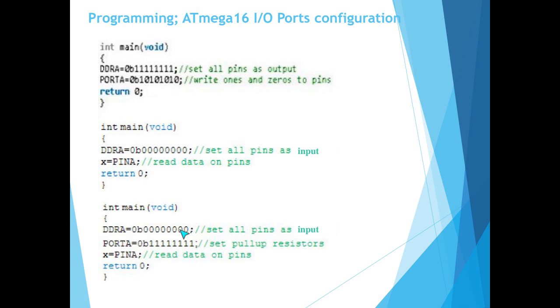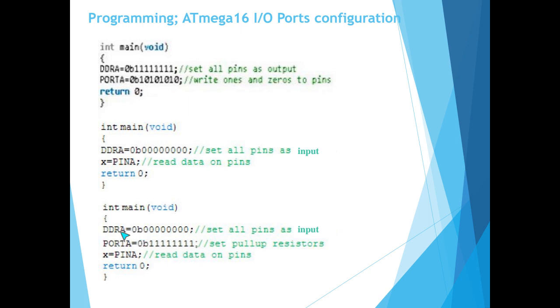Another code: int main(void), curly braces open and closed. DDRA is equal to 0B and 8 zeros. All of the pins or bits of port A are set as input. Then PORTA is equal to 0B11111111, 8 ones. What does it mean?